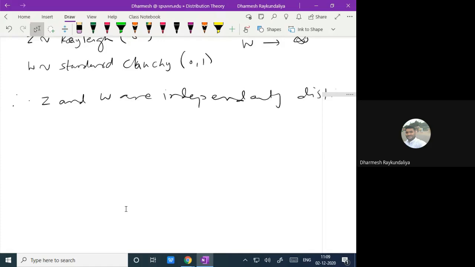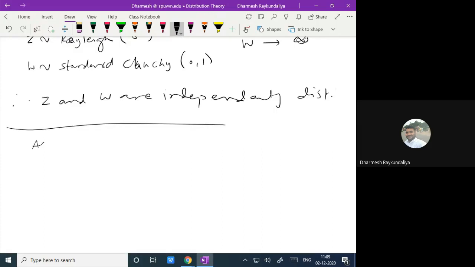What is the distribution of w, that is x upon y? Something like that. What is the distribution of x plus y? What is the distribution of x upon x plus y? So you can derive it, or you can solve many examples and you can have the ready-made results.